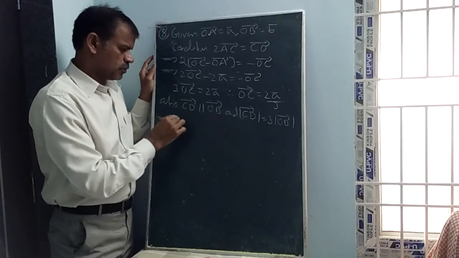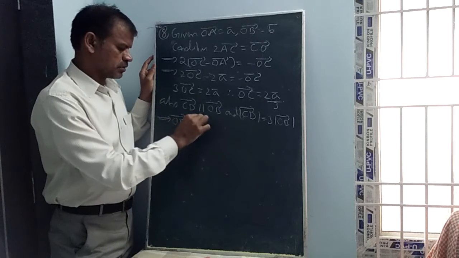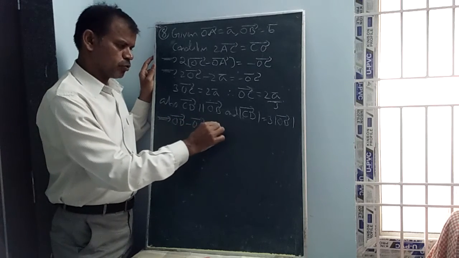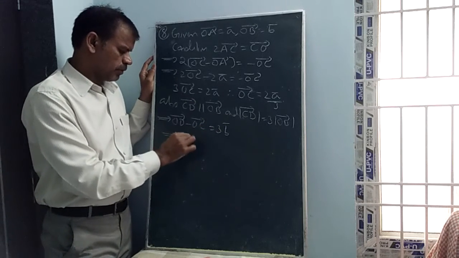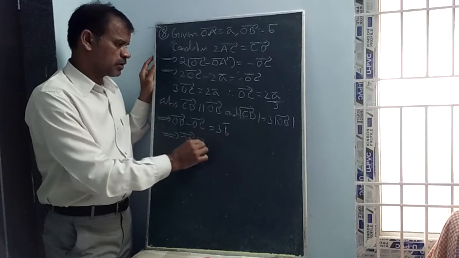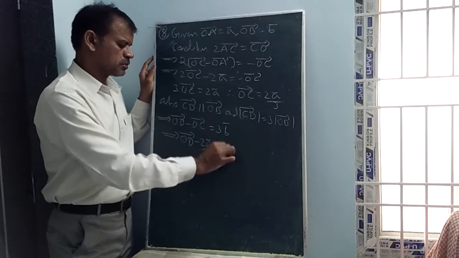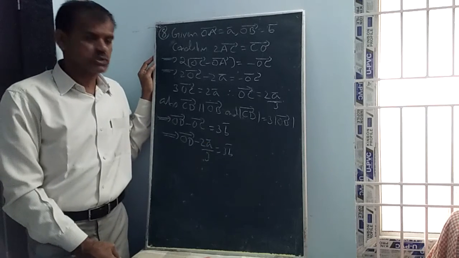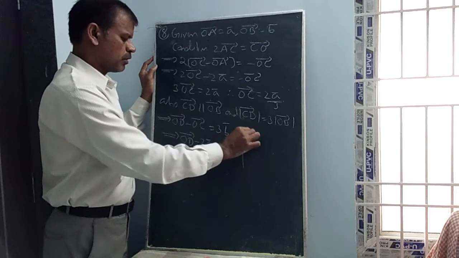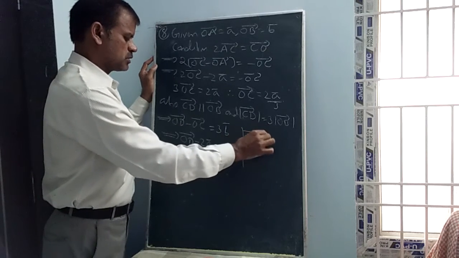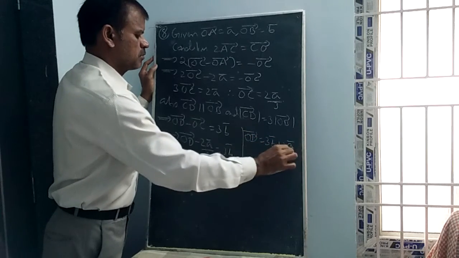That implies mod of OD minus OC equals 3 into b bar. That implies OD bar minus OC, which we have calculated as 2a bar by 3, is equal to 3b bar. Therefore, OD bar you can write as 3b bar plus 2a bar by 3.